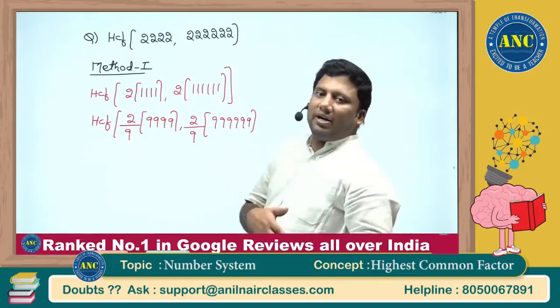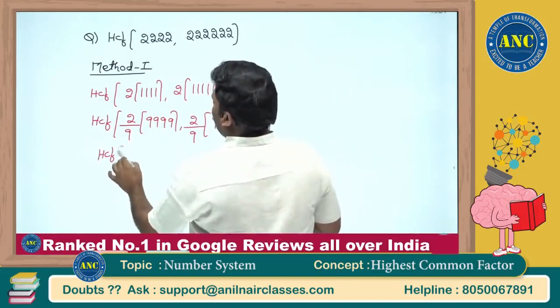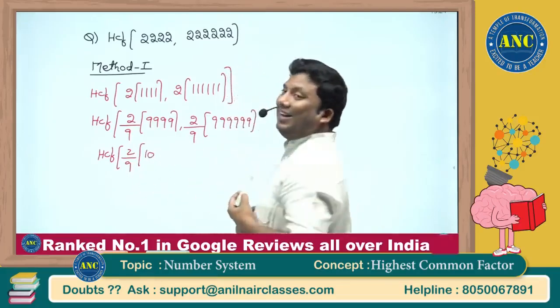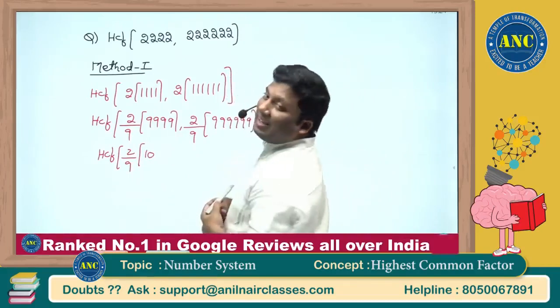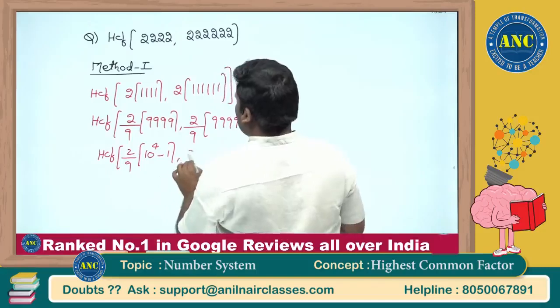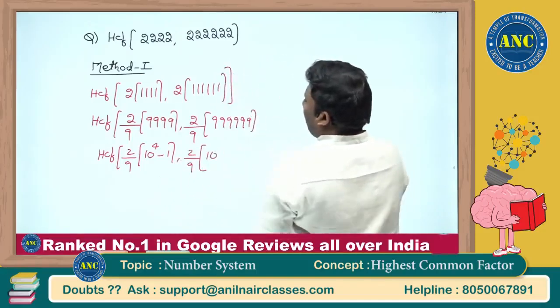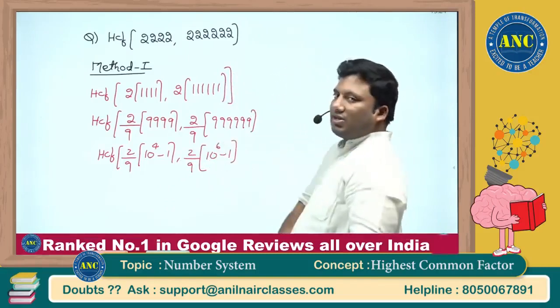So this will be HCF of 2 by 9 into 10 power 4 minus 1, comma, 2 by 9 into 10 power 6 minus 1, since 99 is 10 square minus 1 and 999 is 10 cube minus 1.